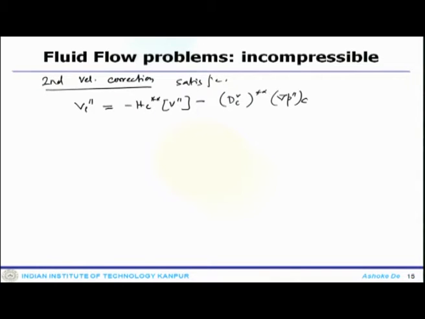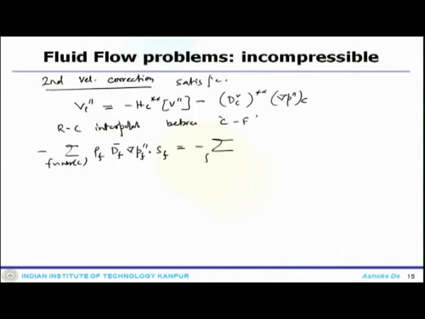Now, using the Rhie-Chow interpolation between points C and F, these are the cell neighbors, one can obtain the new pressure correction equation, which is the sum over NBC of rho_F d_F delta P_F'' dot S_F equals minus the sum over F of m dot_F^* plus the sum of rho_F H_F bar V'' dot S_F.